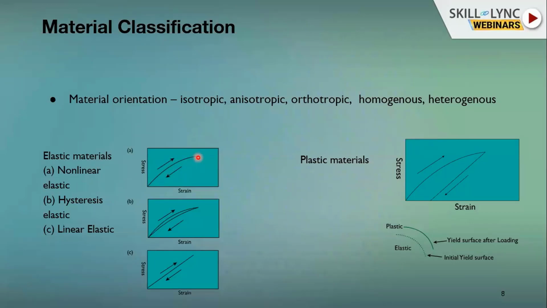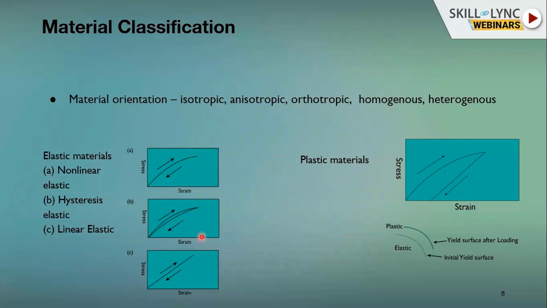But when you unload the specimen, which means remove the load after stretching at a certain point of time, it also falls back on the same path, but it takes time to retain its original position because there is some sort of permanent deformation set.